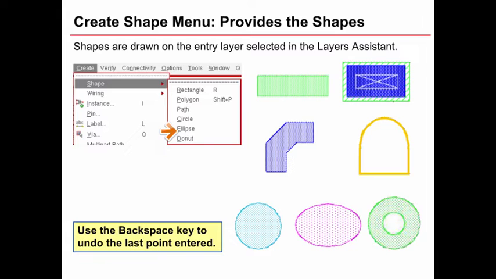And ellipse, it's going to ask you for a corner and the other corner, and as you drag that outside corner, you create the shape of the ellipse. And a donut's going to ask you for the center, the inside of the ring, and the outside of the ring. And that's the way it's going to make it.